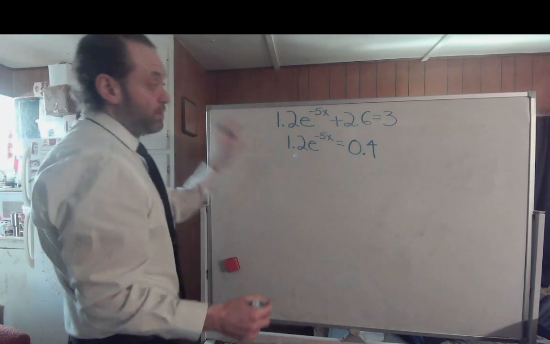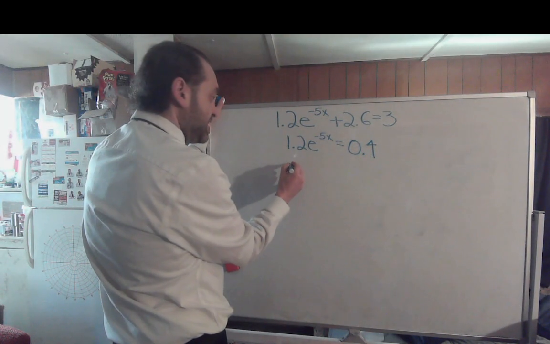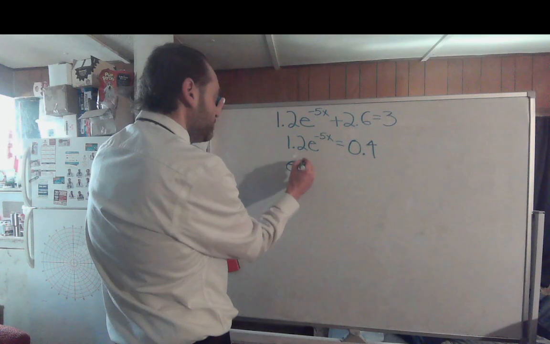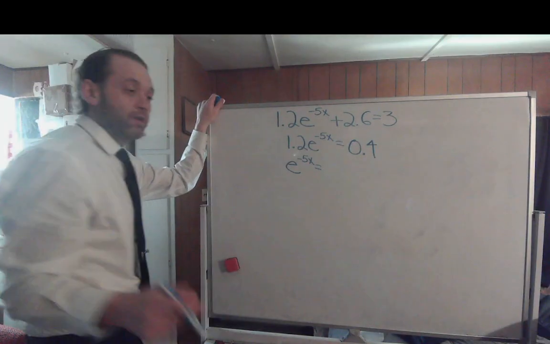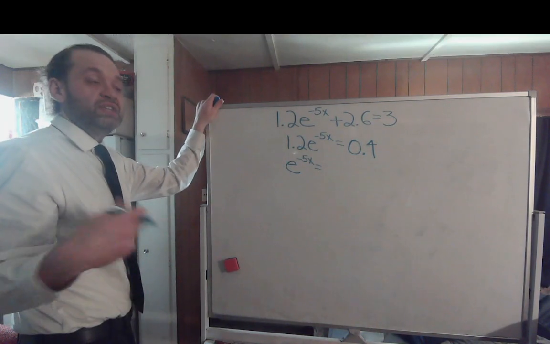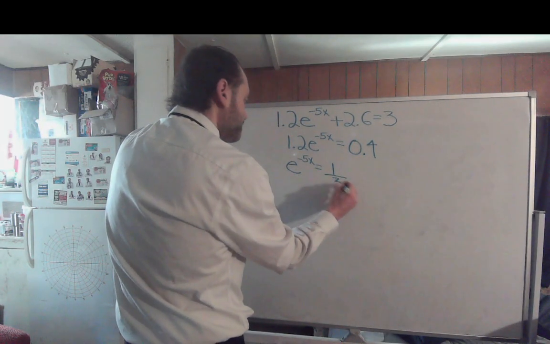Now we just want to get that e to the negative 5x by itself, so divide both sides by 1.2. You'll get e to the negative 5x equals 0.4 over 1.2, which is the exact same as 4 over 12, which gives you 1/3.